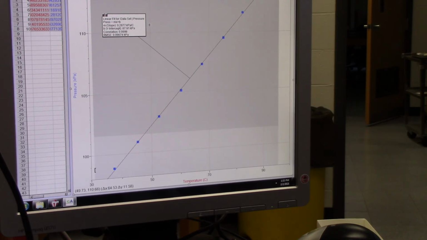The next thing I want you to do is set temperature equal to 0 in your equation. So I'll actually rearrange the equation in terms of temperature. Rearrange your equation in terms of temperature.